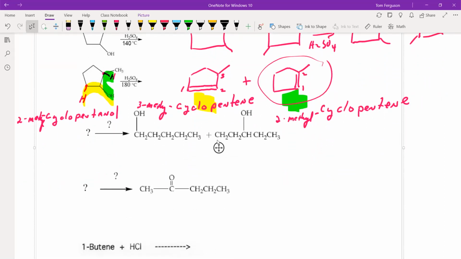All right, so here we have two alcohols. We need to make them. How do we make these two alcohols? Using your flow chart.